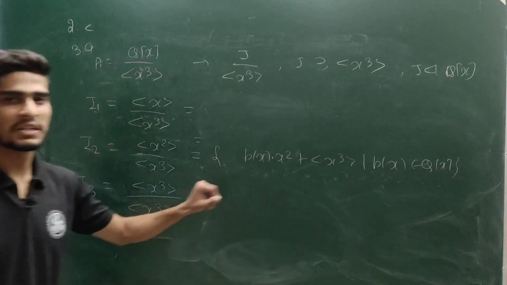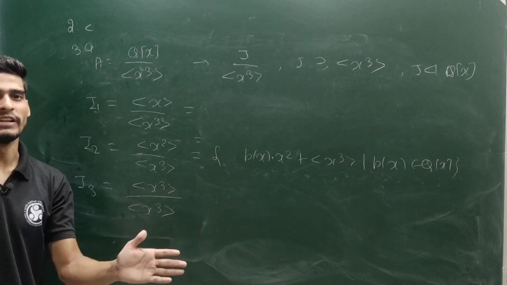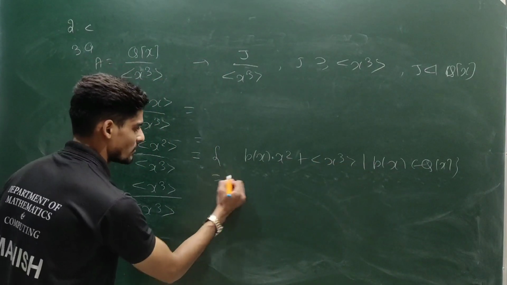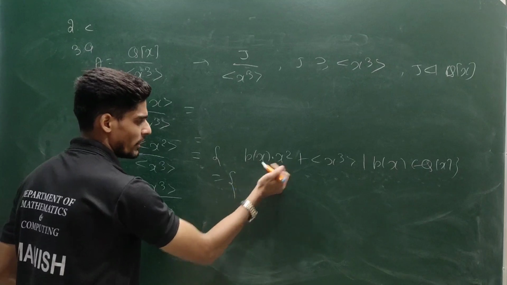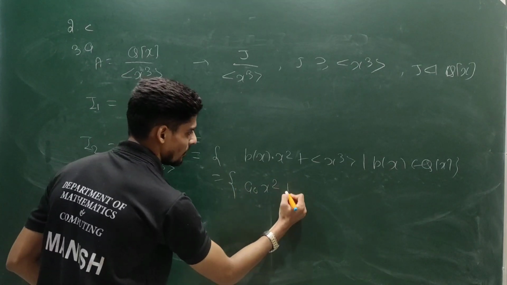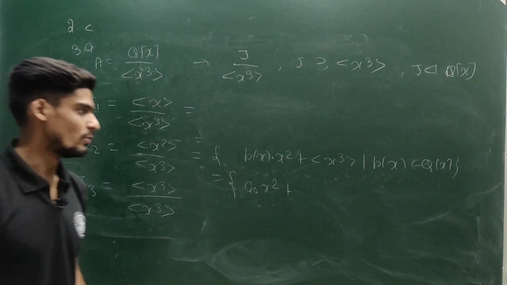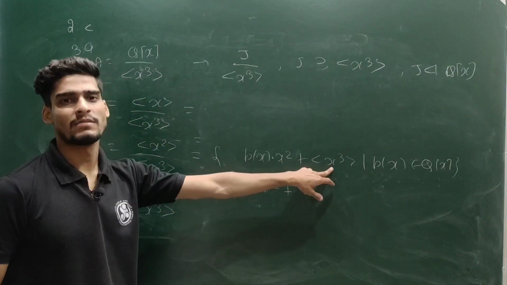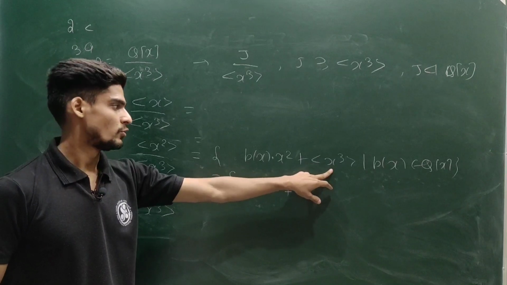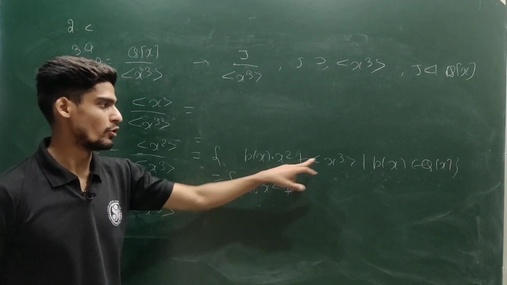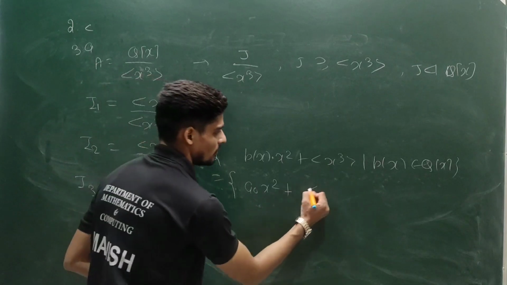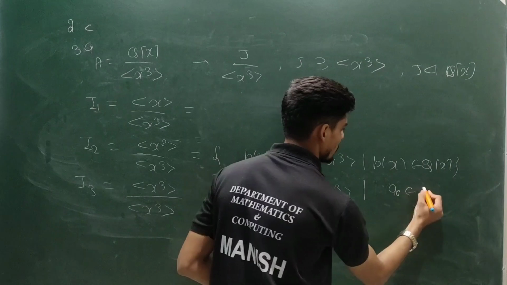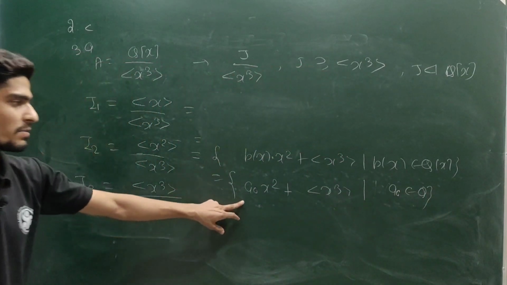If you want to write explicitly, choose p(x) to be a0 plus a1x plus a2x square and so on, and the coefficients are coming from rationals. So this is the same as: if you write a0, then a0 x square plus a1 x cube, but all the x cube terms will merge into the ideal. So whenever you take a1 with the x term, it will always merge, and you will be left with only this. So this a0 is inside rationals. So this is the explicit nature of this I2.